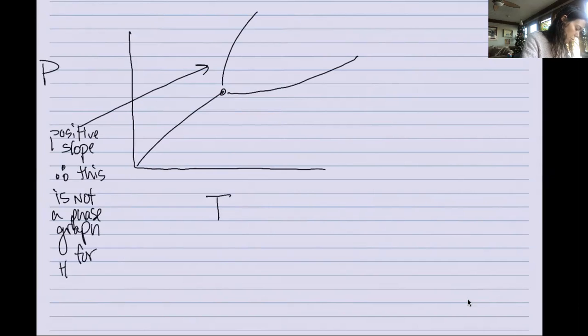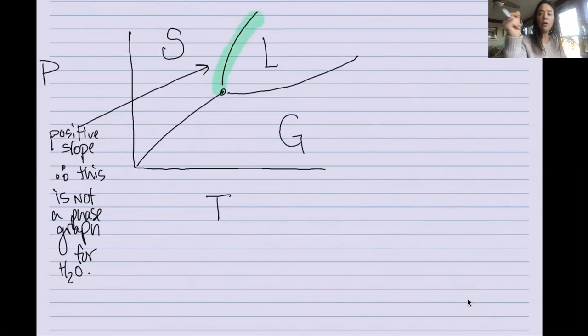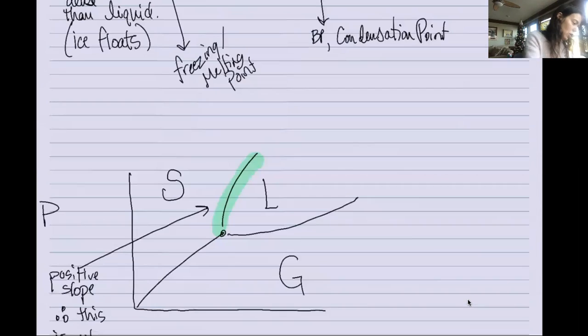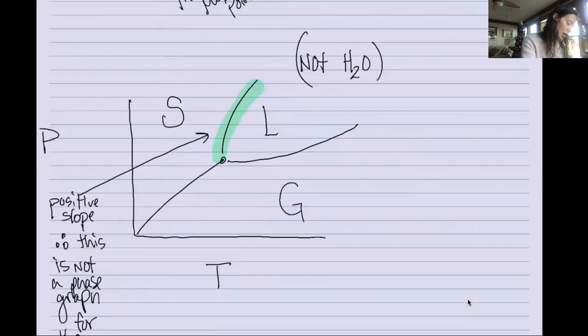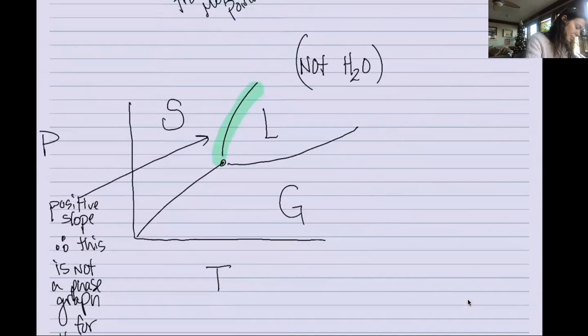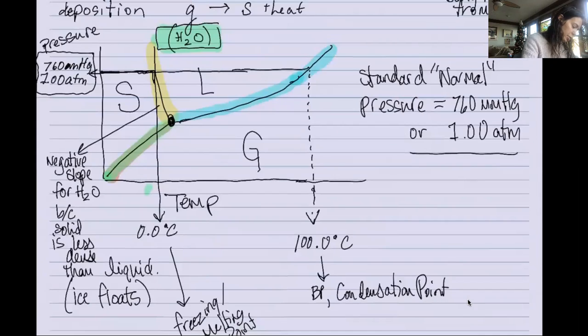It could be for many other substances. This is my solid, this is my liquid, this is my gas. Due to the positive slope right here, I know it's not water. I'm not going to tell you what this is, but we're going to assume it is not water, because that slope is, once again, positive. Over here, we would have a negative slope.